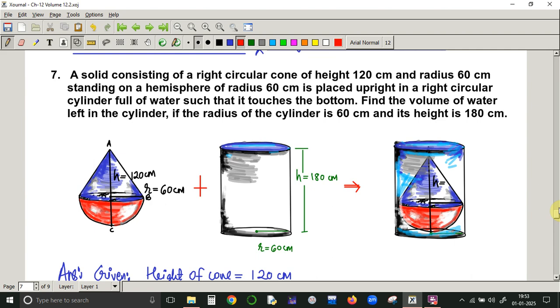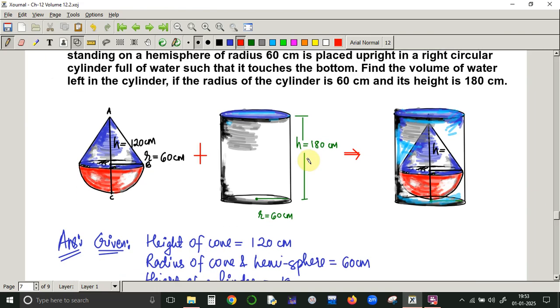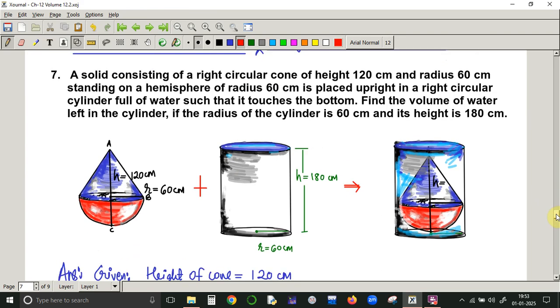Okay, so just look at the diagram. What is given in the question is the radius of this solid is 60, and the radius of this cylindrical drum, or whatever it is, vessel, right circular cylinder.